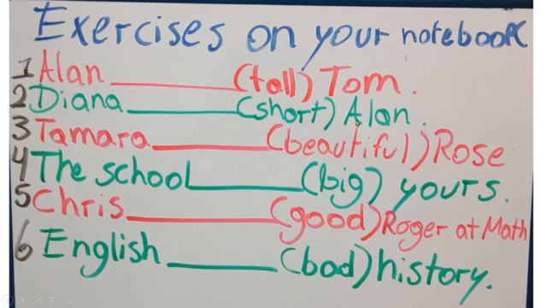Diana, short, Alan. Tamara, beautiful, Rose. The school, big, yours. Chris, good, Roger at math. And English, bad, history.